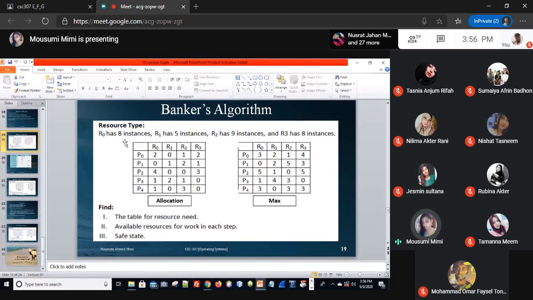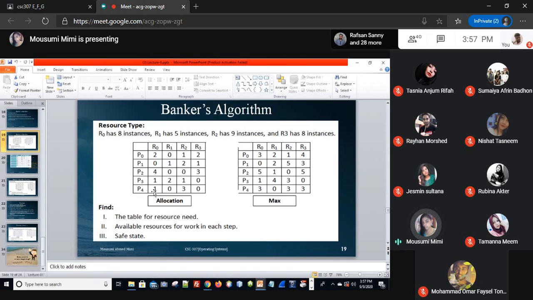That's why the flag will be true. As the flag is true for all of the resources, the answer of the flag will be true. Then I go for process 1, 2, 3, 4 this way.